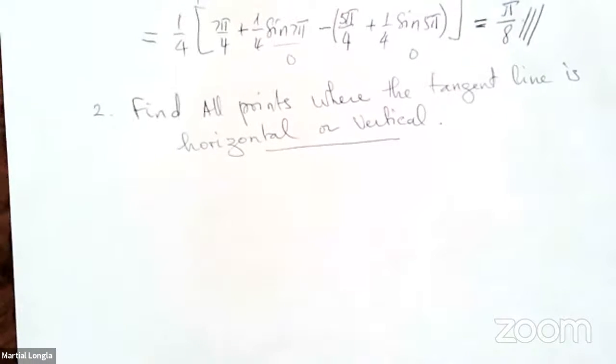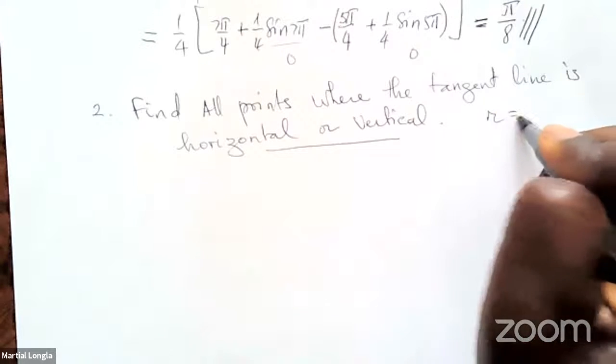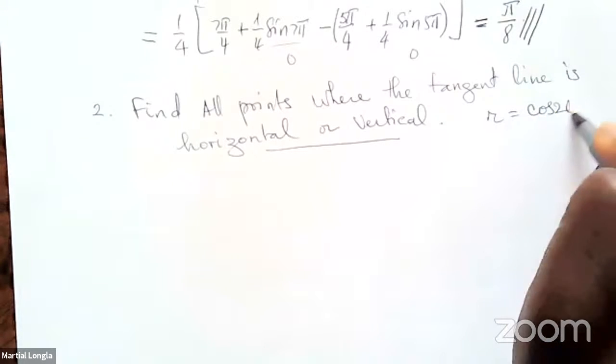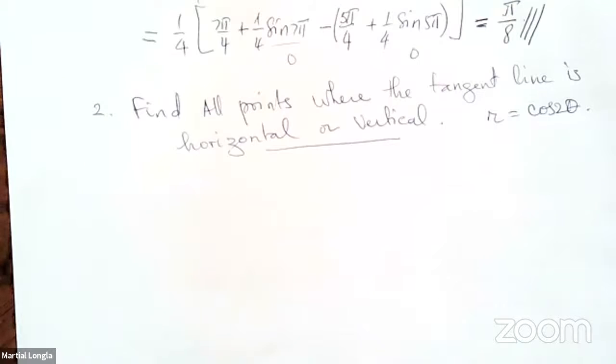For that same curve, r equals cosine 2 theta. Now, notice that we answered this question for parametric curves earlier, which were defined x of t, y of t. And here we have r equals cosine 2 theta. Now, the good news about polar coordinates is that they are just another parameterization of that curve.